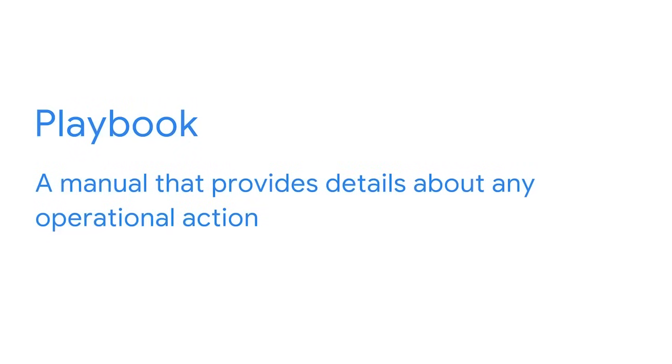Previously, we discussed how SIEM tools are used to help protect an organization's critical assets and data. In this video, we'll introduce another important tool for maintaining an organization's security known as a playbook. A playbook is a manual that provides details about any operational action. Playbooks also clarify what tools should be used in response to a security incident.